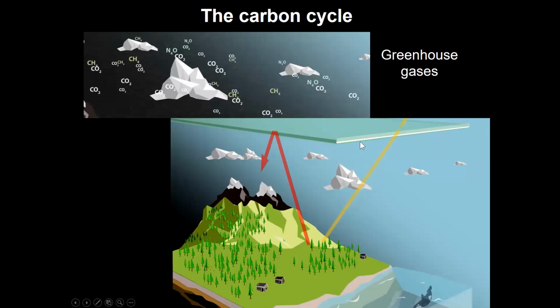It keeps the planet much warmer and allows life to exist. And for more than 1,000 years, this natural carbon cycling has been in balance, keeping the concentration of CO2 in the atmosphere relatively constant.